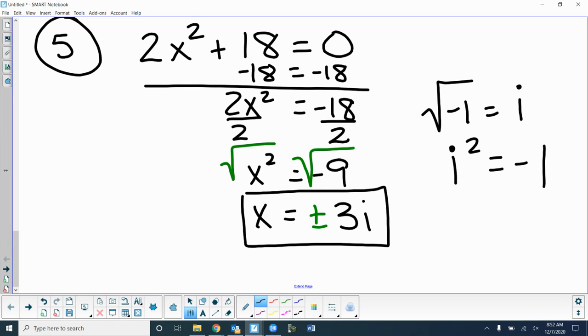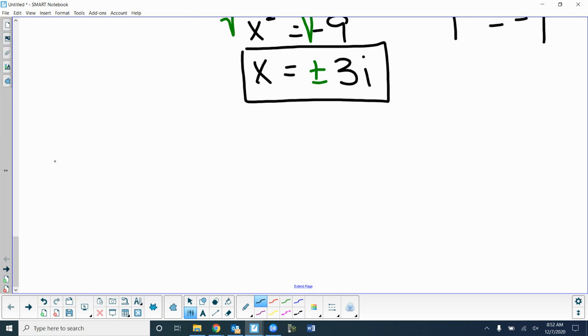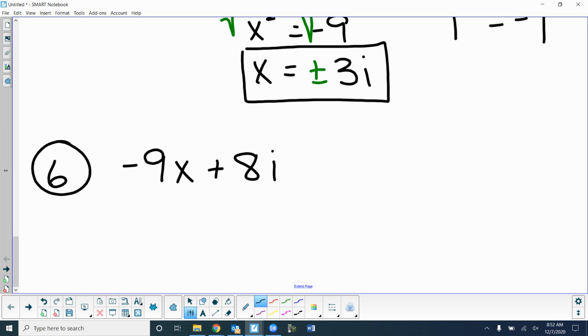All right, number 6, it's an easy problem also. Okay, so don't make this too hard on yourselves. All right, so we have one complex number equal to another complex number. All right, you got the real part in front, imaginary part in the back, how we're supposed to do it, right?